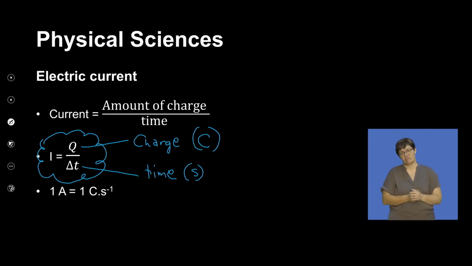If we talk in terms of electrons, we know from quantization of charge that charge is equal to the number of electrons multiplied by the elementary charge. So if we have a coulomb of charge, how many electrons must pass through a point per second?